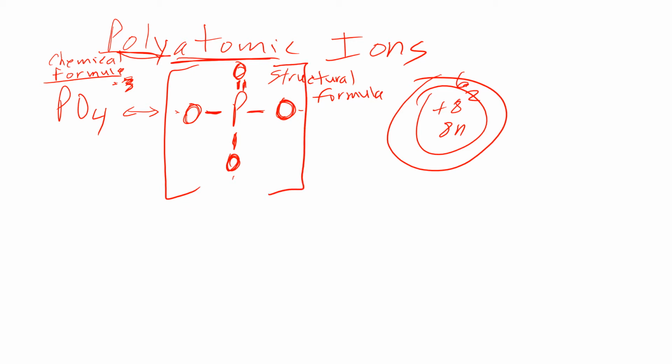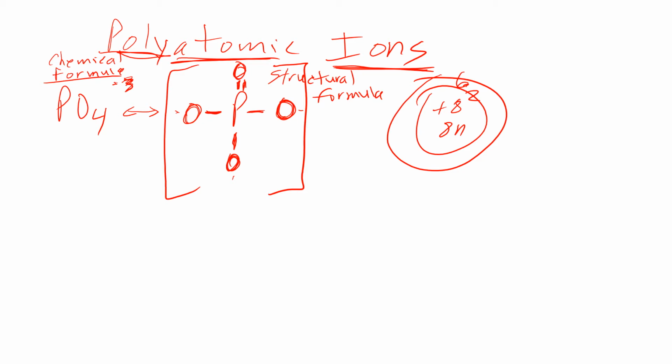And by sharing, by what's called resonance, this double bond going around, by all of these sharing electrons and moving that around, they can gain 3 electrons and get a charge. Some can gain 1, some can gain 2, some will lose 1 electron. It just depends on the atoms.